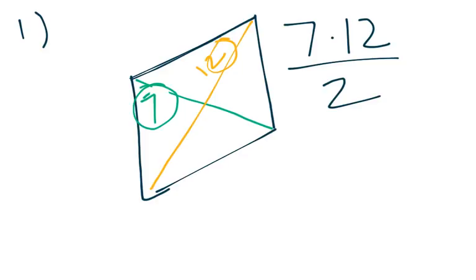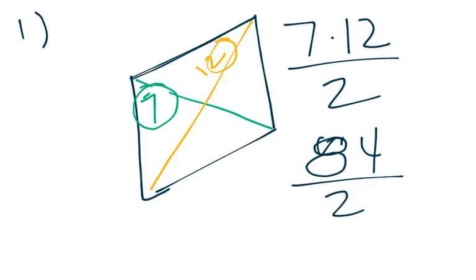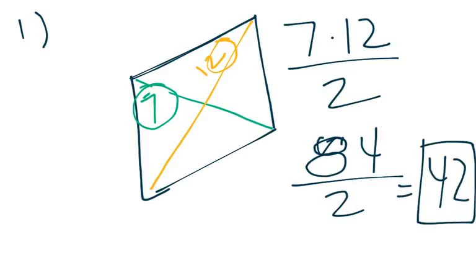Let me double check. 7 times 12, 84. I was right the first time. Okay, 84. What is wrong with my finger today? 84 divided by 2, and that is 42. So the area of this rhombus is 42.